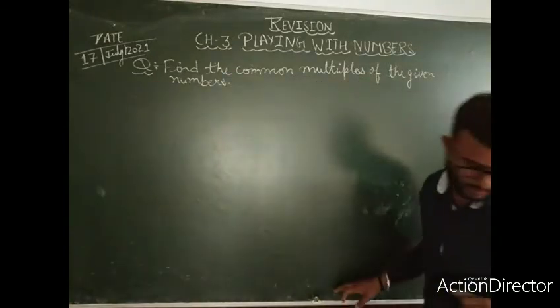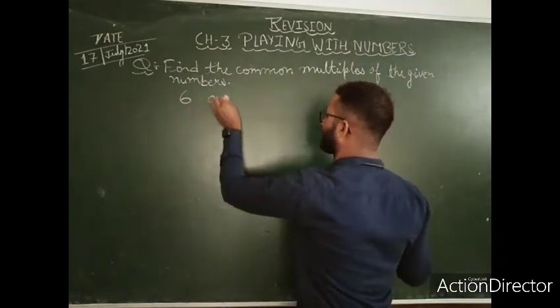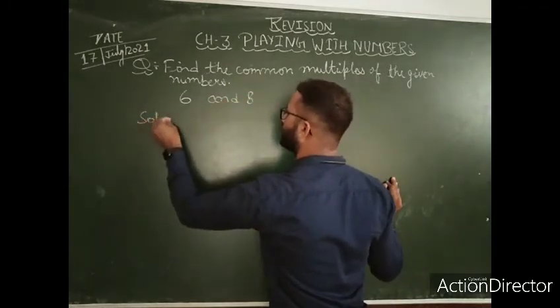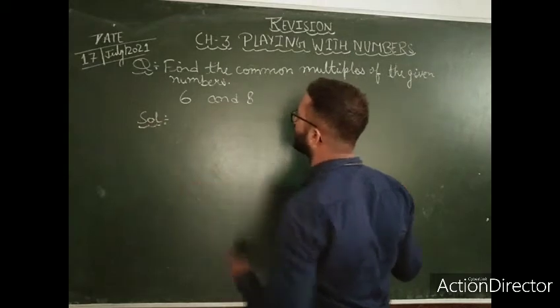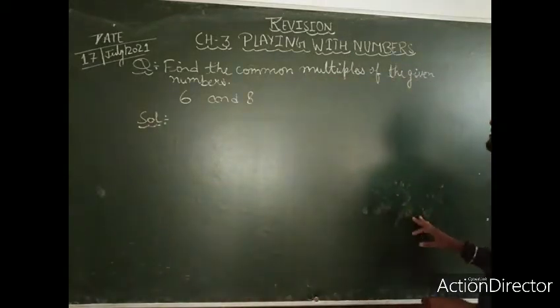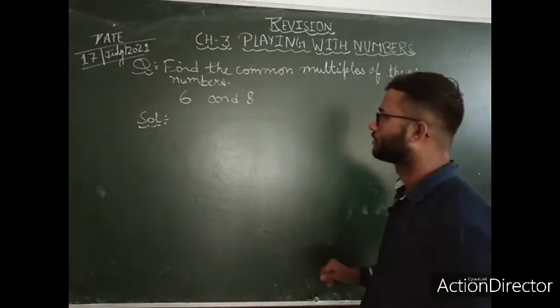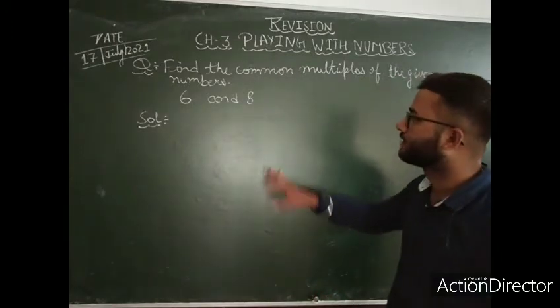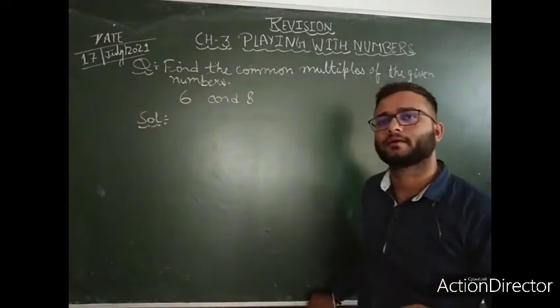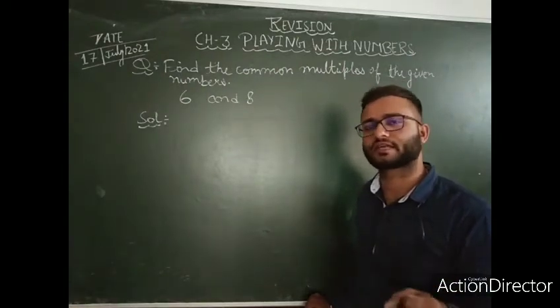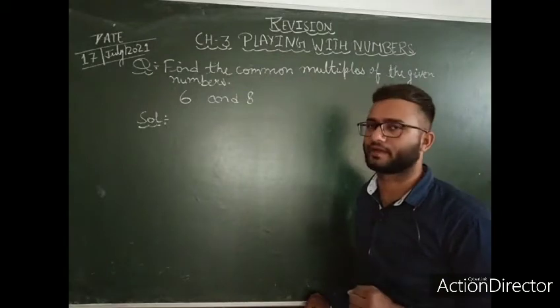The numbers are 6 and 8. Okay, so here we find the common multiples of the given numbers 6 and 8. So what we do here: first we find the multiples of 6 and after that we write the multiples of 8.